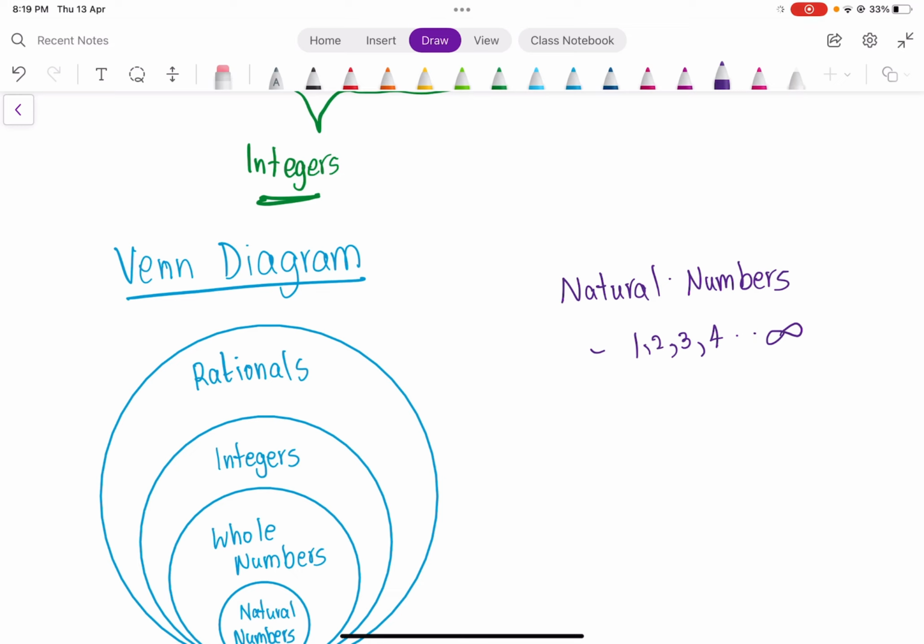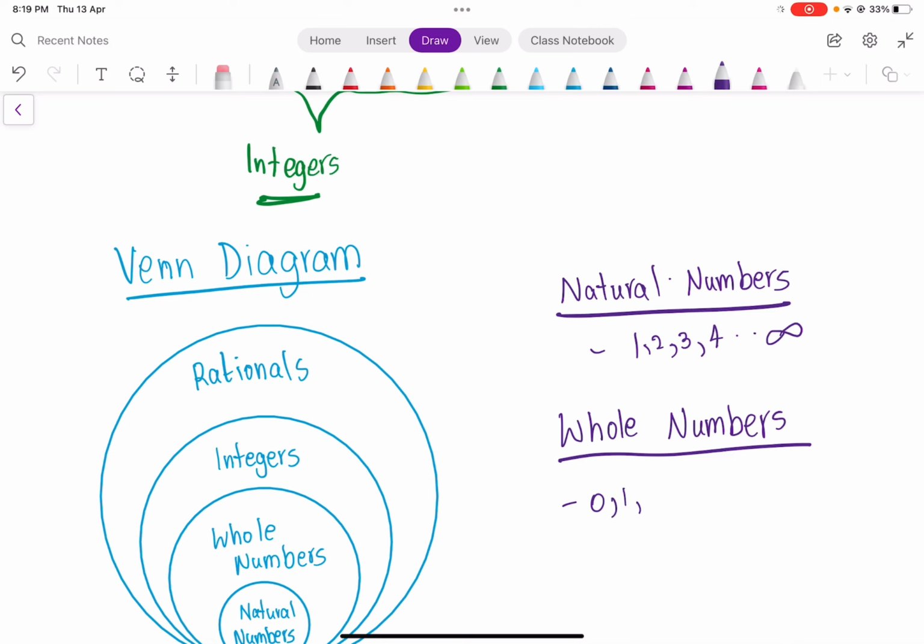Then we have our whole numbers, and these are our numbers 0 and all our natural numbers. So whole numbers are basically all natural numbers plus 0.